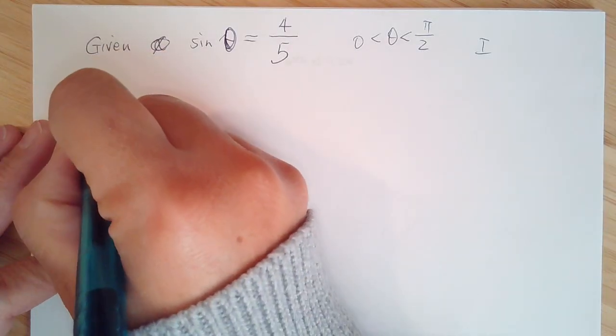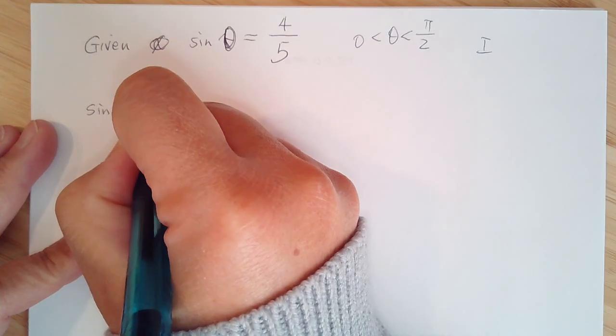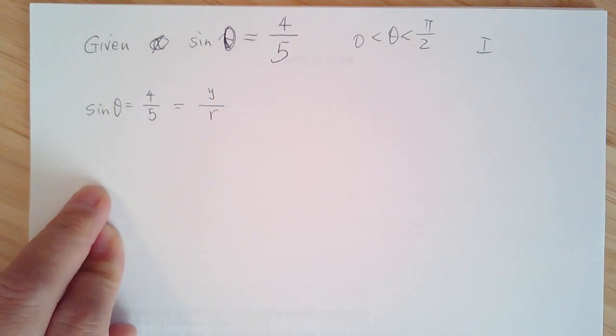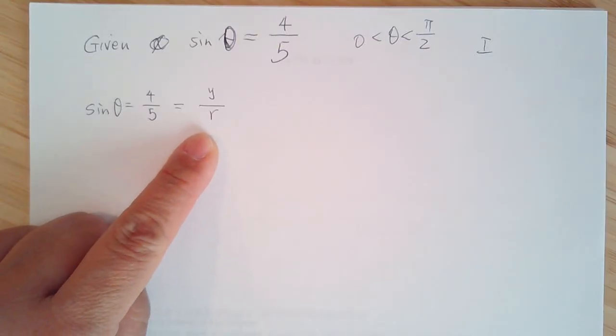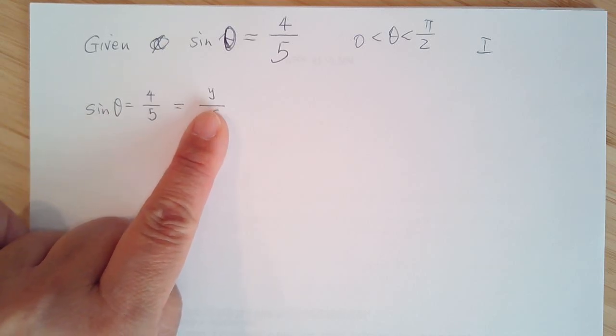Yes. Now think about this, sine theta is 4 over 5, but we know this is also y over r. So there are 2 ways to do it. One is to put that in the unit circle and write r as 1, so your y is going to be 4 over 5, and then use the Pythagorean theorem to find x.